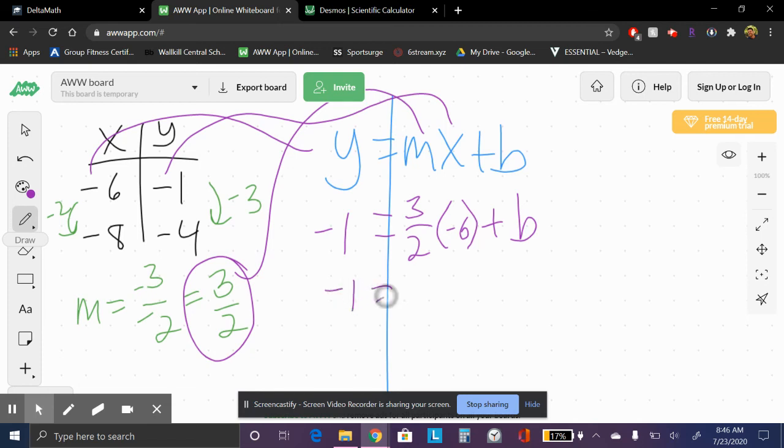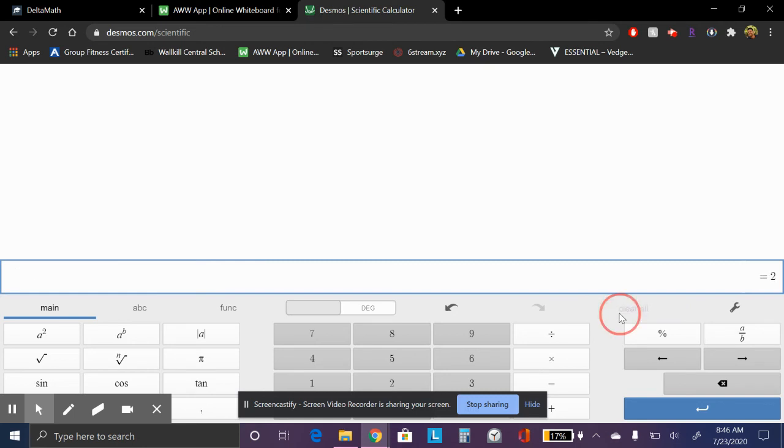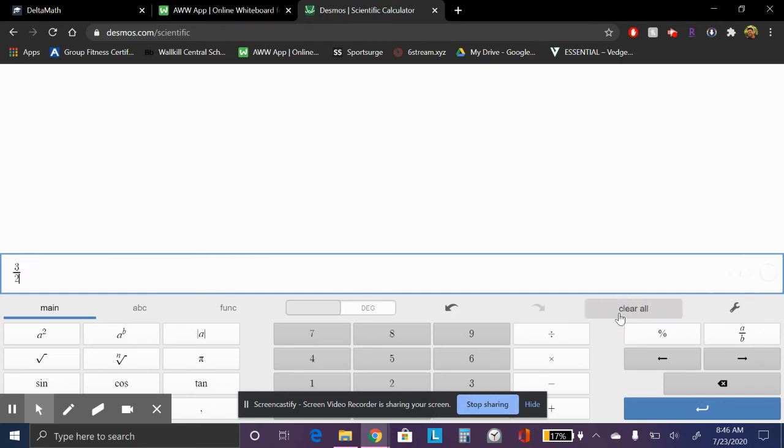So you have -1 equals 3/2 times -6, which is negative, I think it's -9 plus b. I could have double checked that in the calculator, right? 3/2, boom, -6, boom, -9.